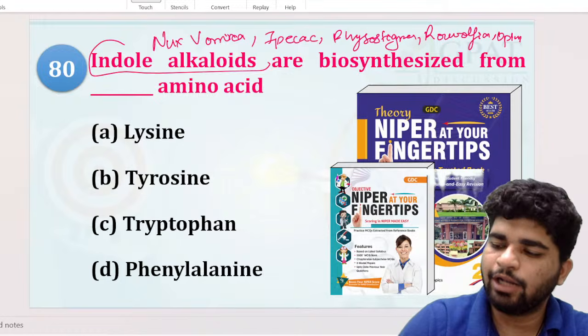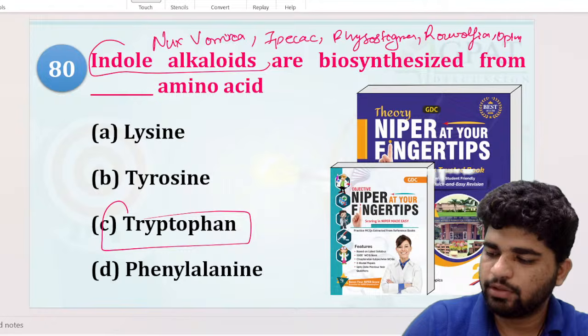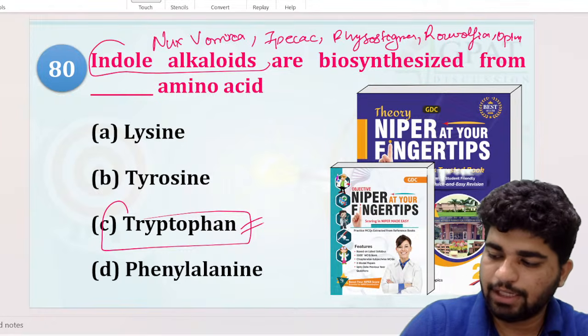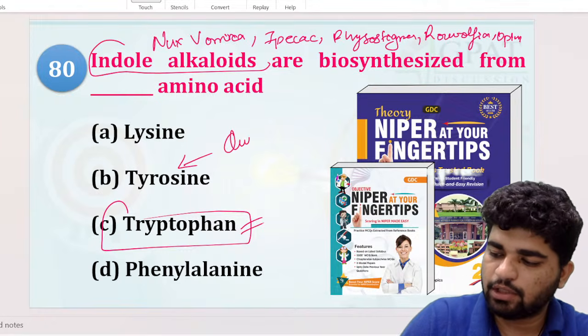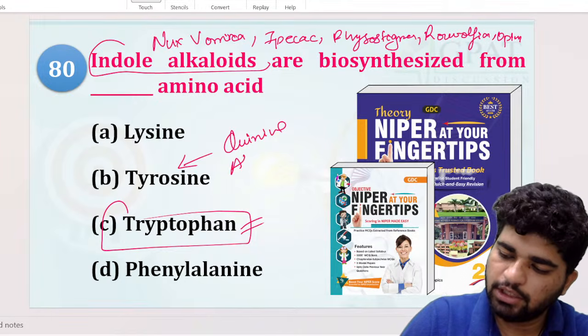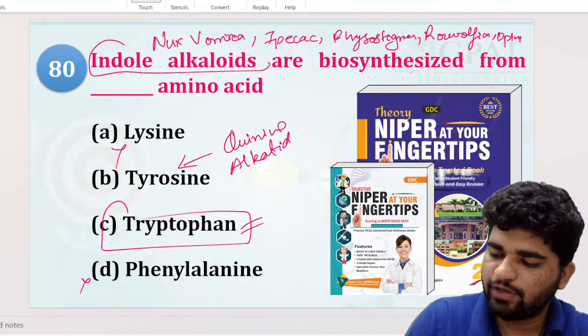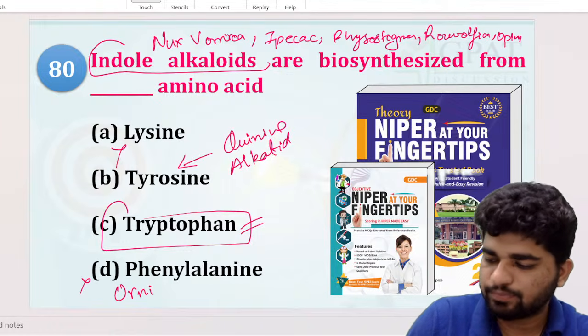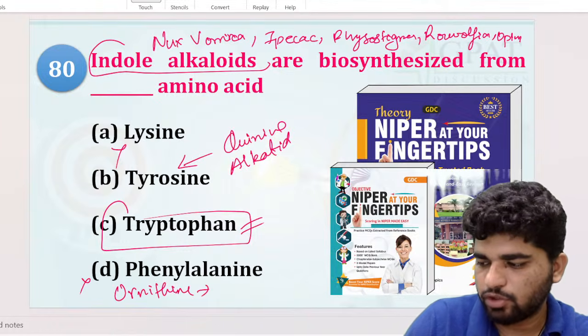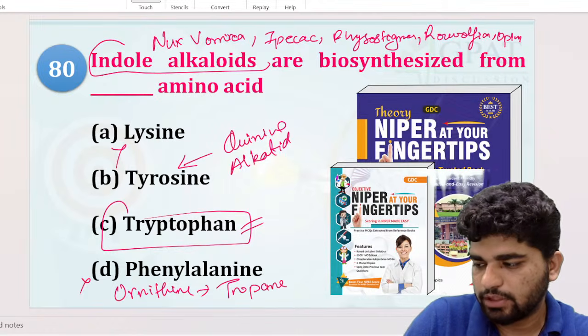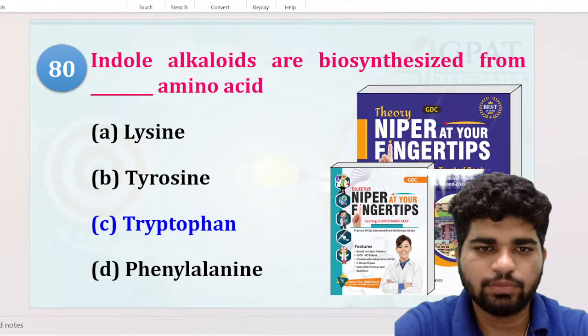These are all your indole alkaloids, and these are synthesized from tryptophan, right? Tyrosine is for isoquinoline alkaloids. Ornithine is for tropane alkaloids. That you have to remember.